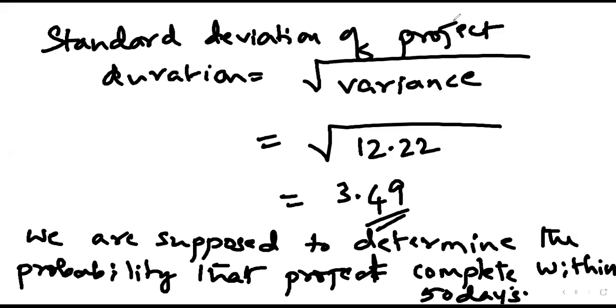Can anyone tell what should be the value? Whatever value is given in the question, that will be the value. So the value given in the question statement is 50 days. That itself will be the value of x.